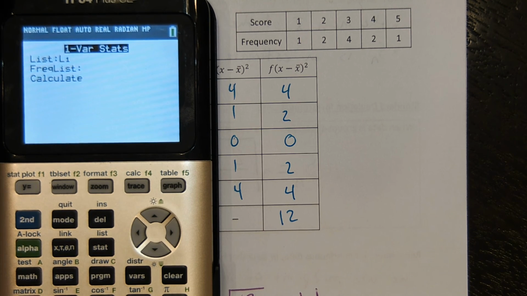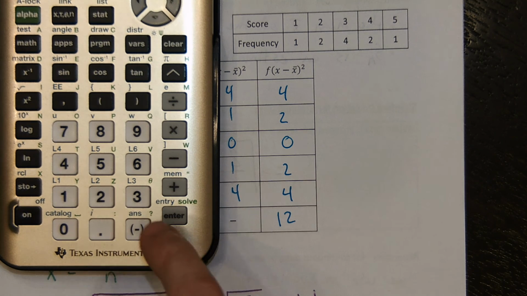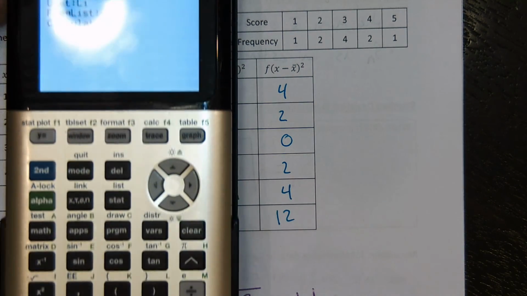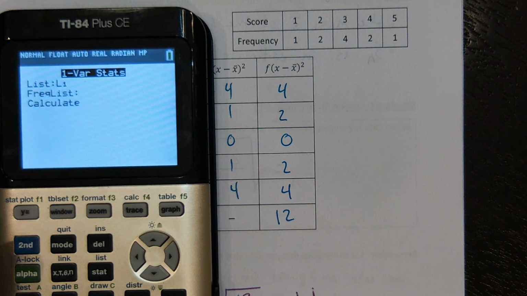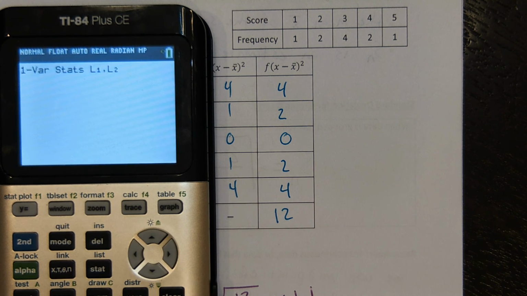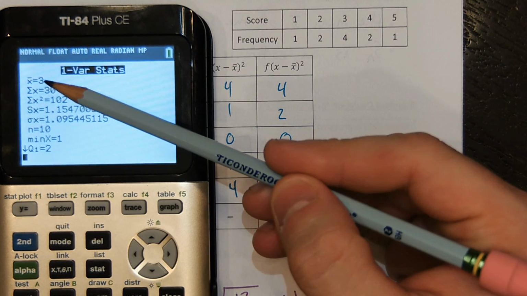But there is one this time, and it was L2 for us. So we do have to type L2. It's a blue command, so you have to hit second before you hit the number 2. So second, the number 2, and then we highlight calculate and hit enter. And ta-da! Look at that. It gave us x bar.